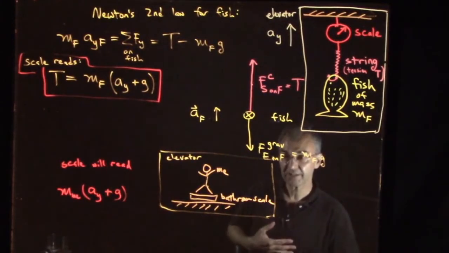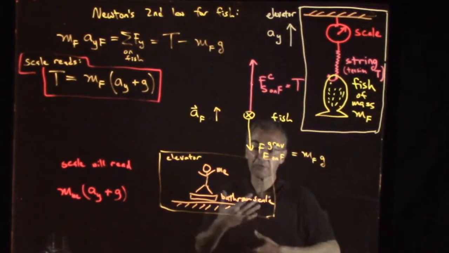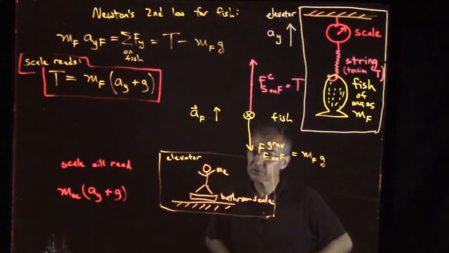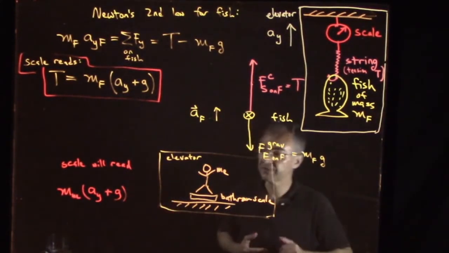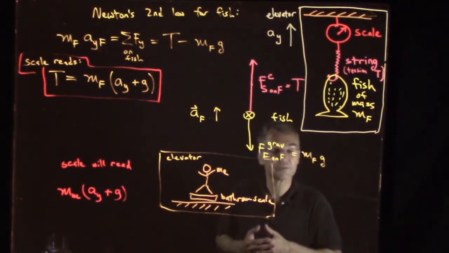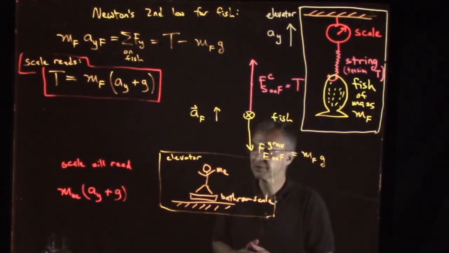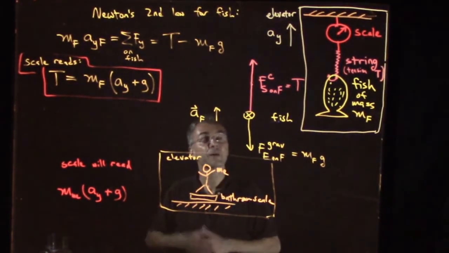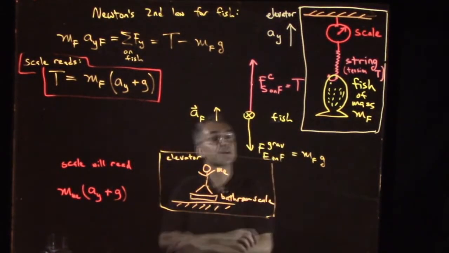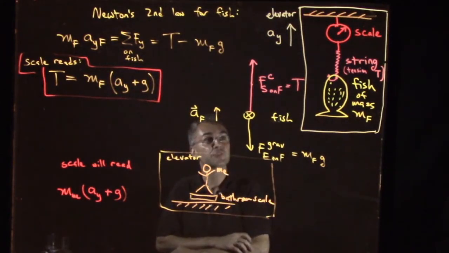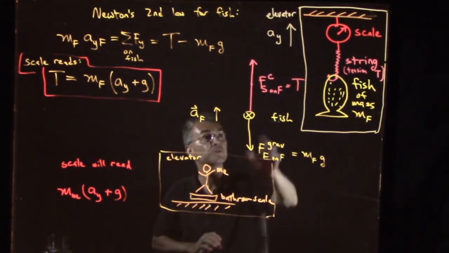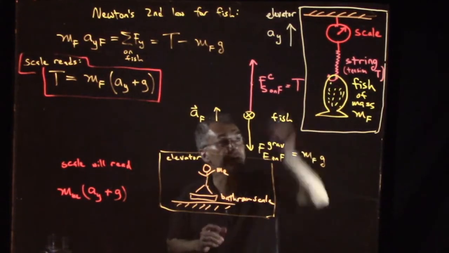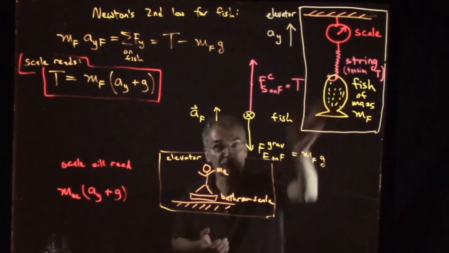You kind of can see that because if you're accelerating upward in an elevator, then your stomach feels a little bit heavier than usual. And if you're accelerating downward in an elevator, then your stomach feels a little light, like it's trying to bounce upward. It gets even a little trickier when everything's in an elevator. The way you work those problems is you do the exact same thing you would do to draw a normal ordinary free body diagram for the object of interest, a fish, or for me.